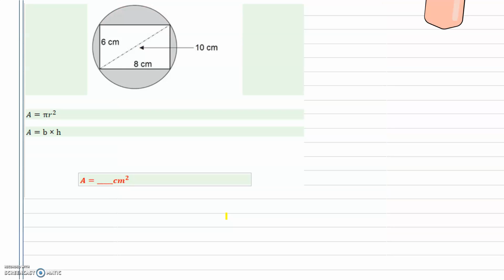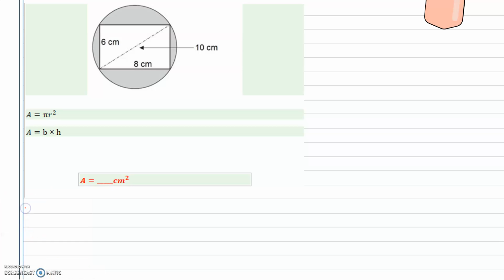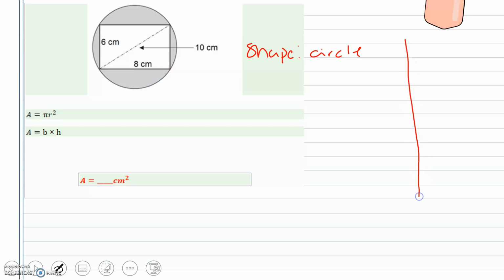Let's get started. Here's our very first practice problem. We're going to determine the shaded area. The very first thing you want to do is identify the 2 figures that you see within this composite figure. So if I'm looking here, the shapes that I see include a circle and a rectangle.